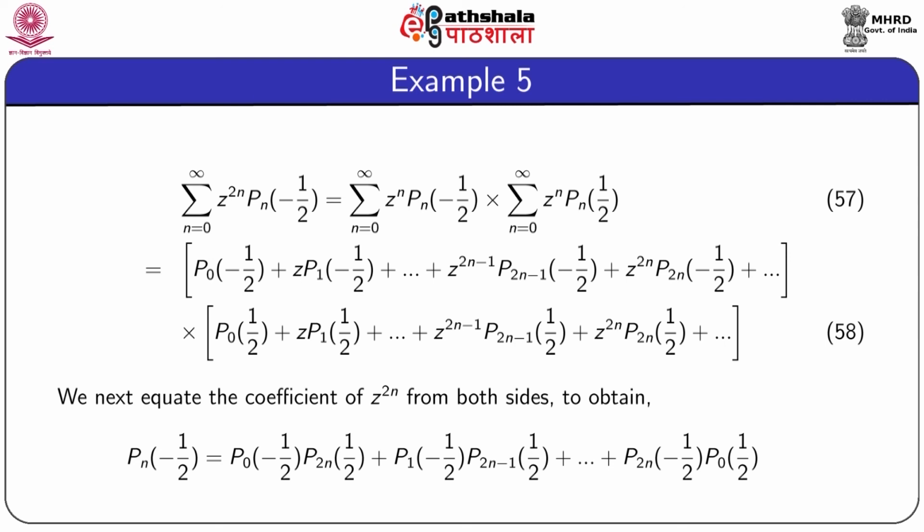Hence the right hand side becomes P_0(-1/2) P_{2n}(1/2) + P_1(-1/2) P_{2n-1}(1/2) + ... + P_{2n}(-1/2) P_0(1/2). And this concludes the proof of our example 5.